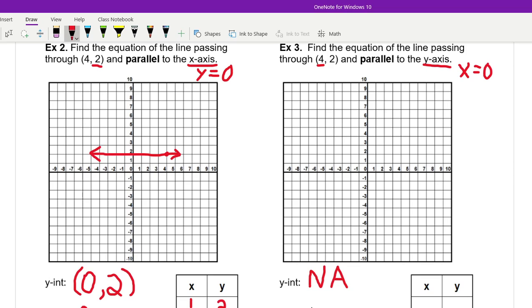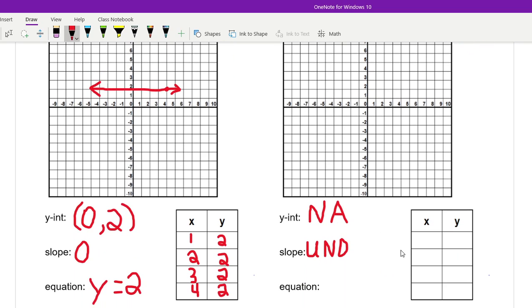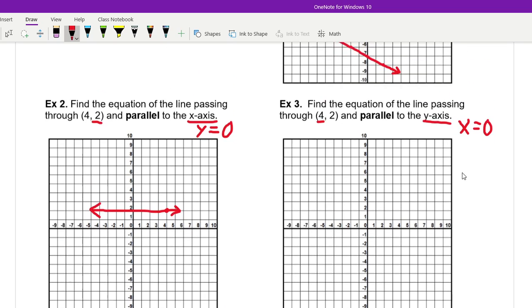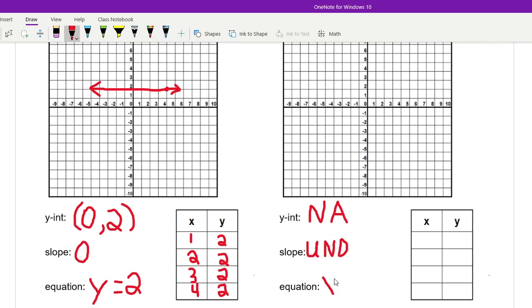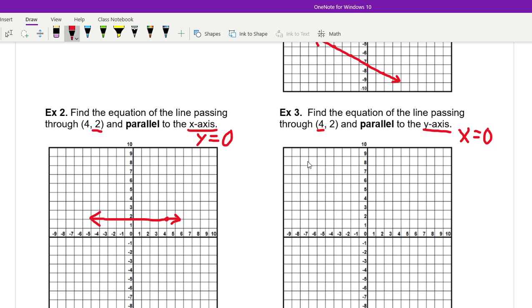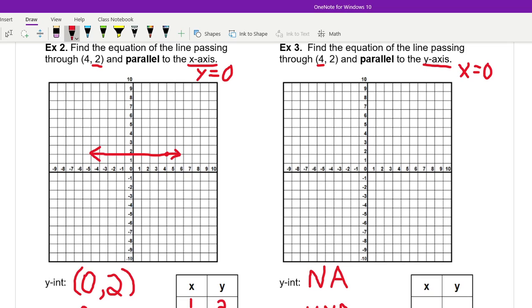Our slope, since it is going to be a vertical line just like our y-axis, is undefined, which I'll just write as UND for undefined. Our equation will still be x equals, but this time we'll use the x value of the point that we need to go through, which is 4.